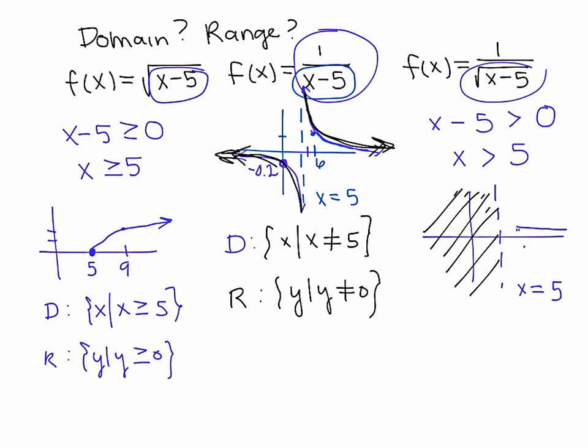If you plug in numbers in between x equal to 5 and 6, you'll notice that the value is increasing. So it's going to be similar to the one that we have on the left side, but that's what the results will look like. So the domain would be x has to be greater than 5, and the range will be all values greater than 0 because it's not going to cross the x-axis.